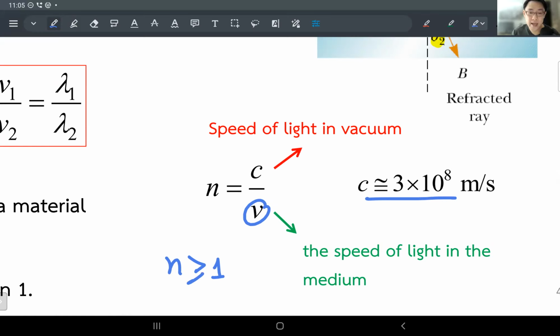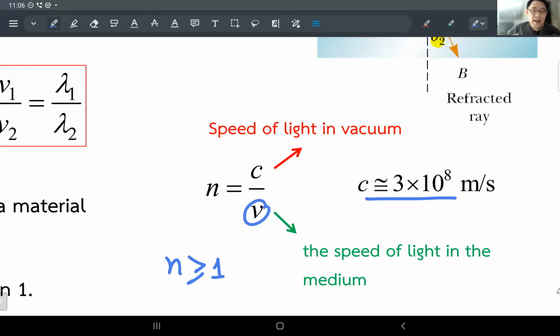All right. To figure out n, you take the speed of light, which has a fixed value of around 3 times 10 to the 8 meters per second, and you divide this by the speed of light in that medium. Because light in that medium must go more slowly, light traveling in glass moves more slowly than in vacuum.